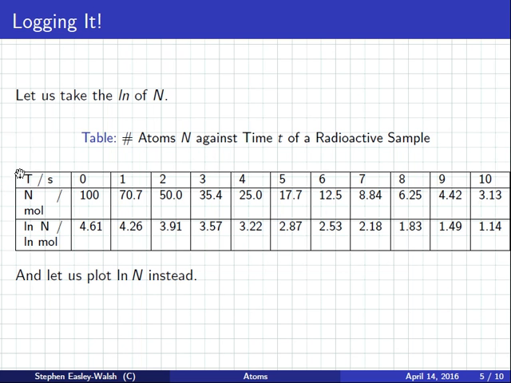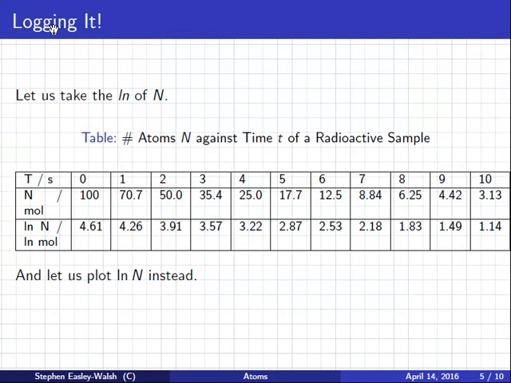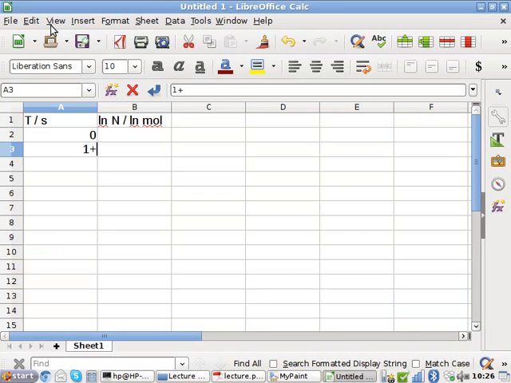Alright, let's have a look. So I need two columns. The first one is time in seconds, and the second one is log N in log moles. The time starts at 0 and increases up until, what's the last time? 10, thank you.